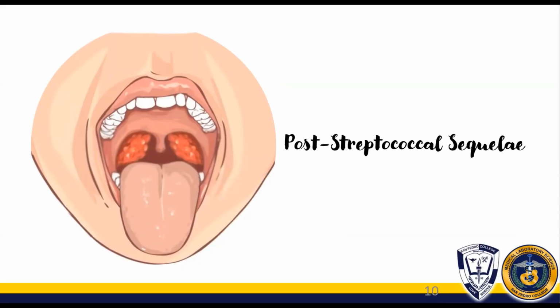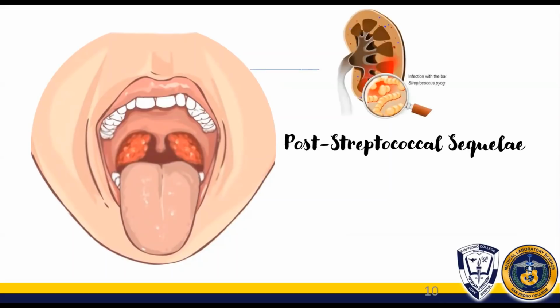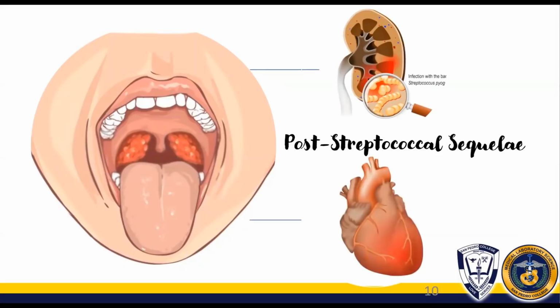These complications may affect the kidneys, causing acute glomerulonephritis, or it may affect the heart, causing rheumatic fever or even rheumatic heart disease. Now, these complications just usually start with a simple streptococcal infection that is untreated, no?